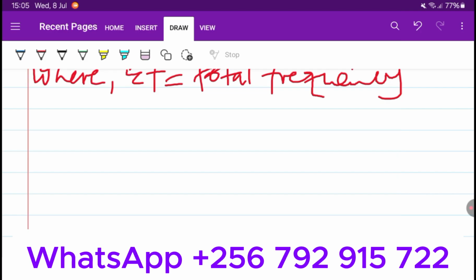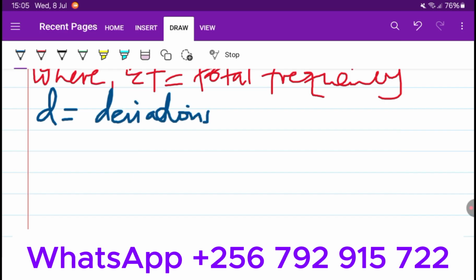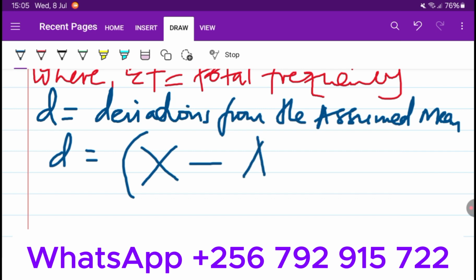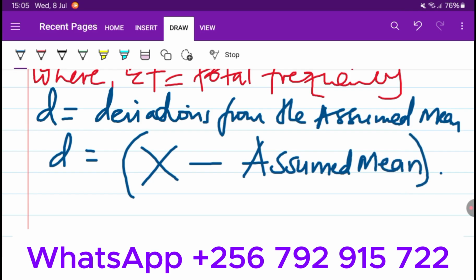We said d represents the deviations from the assumed mean, and our d we said is equivalent to x minus the assumed mean. And of course, fd is just the product.